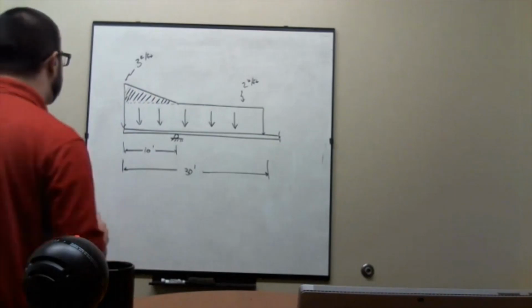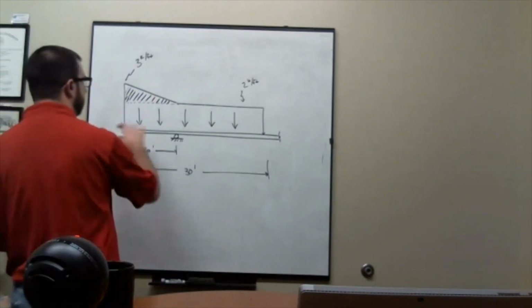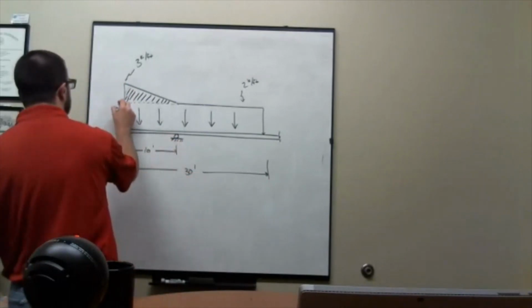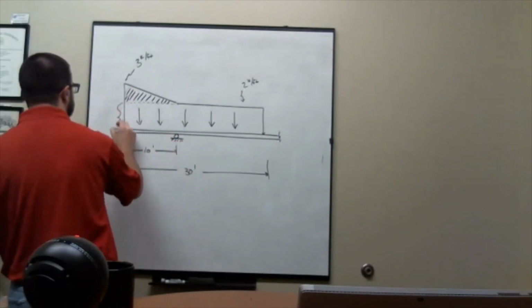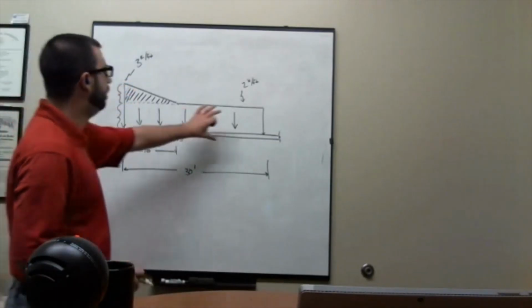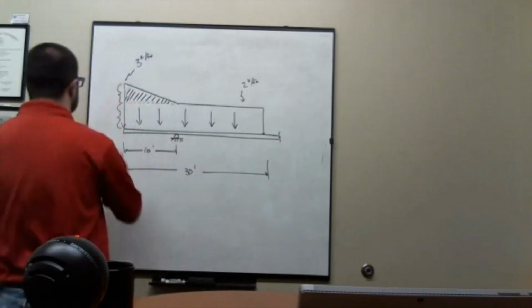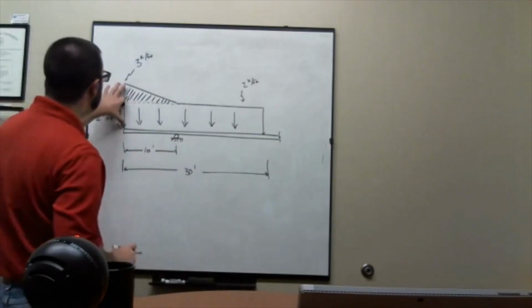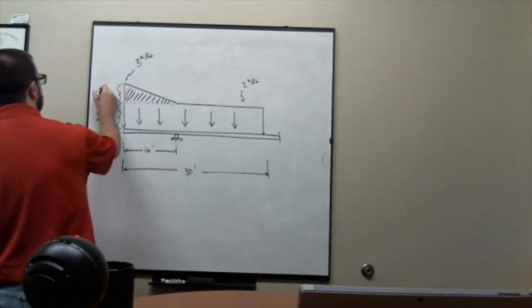Now, the big thing to keep in mind is the magnitudes. If you think of this like a rectangle and a triangle, and you're trying to determine the area, you have to ask yourself, what's this and what's this? This is 2 kips per foot, so this is 2. And if this total height is 3, then that is 1.